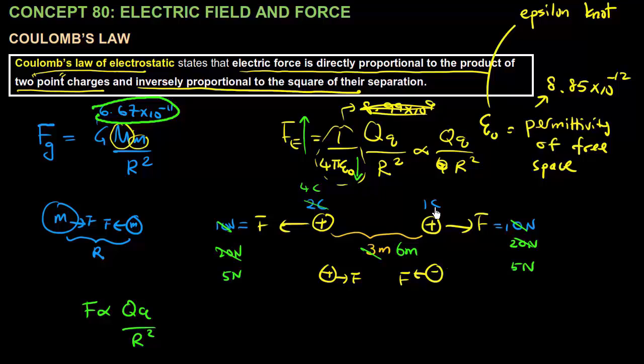Most of the time they will give you free space, otherwise it becomes very complicated. So do not worry about this. Just use 8.85 times 10 power minus 12. But what I want you to understand is that different media will affect the force value. It's not the same as gravitational force. Different media don't affect the force value.